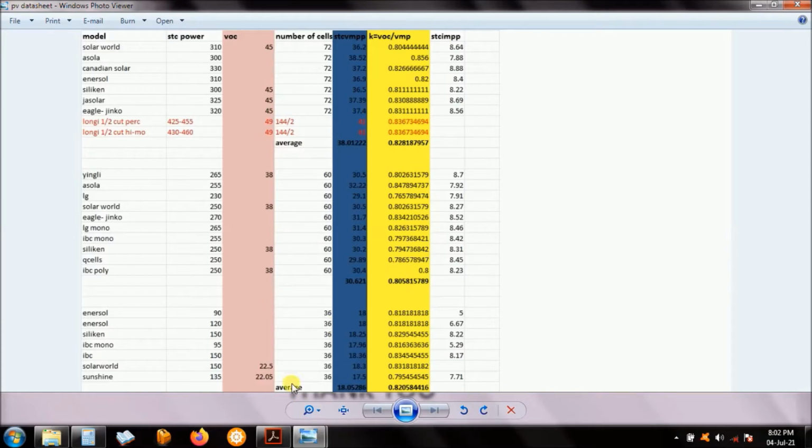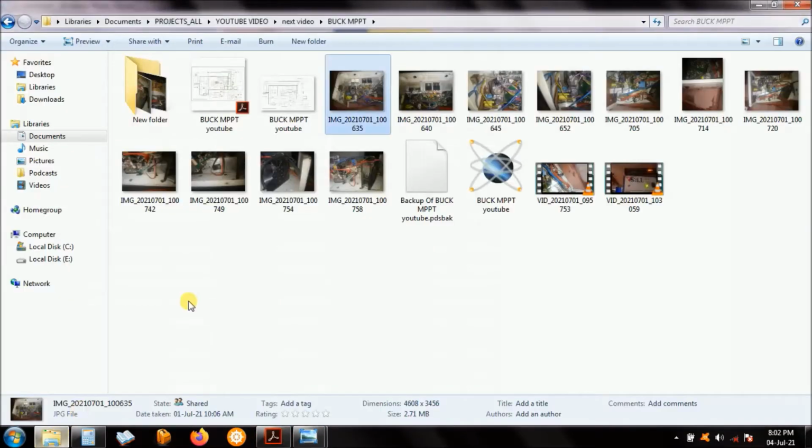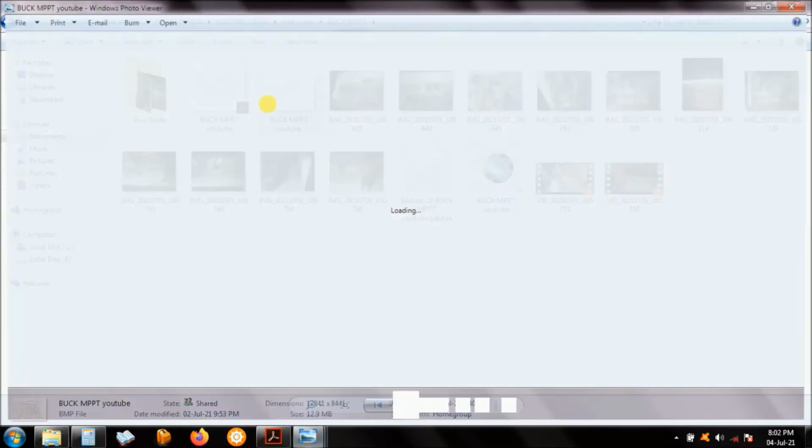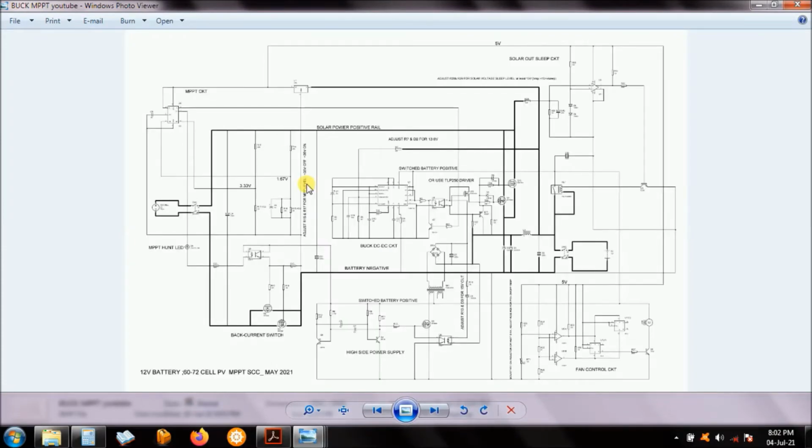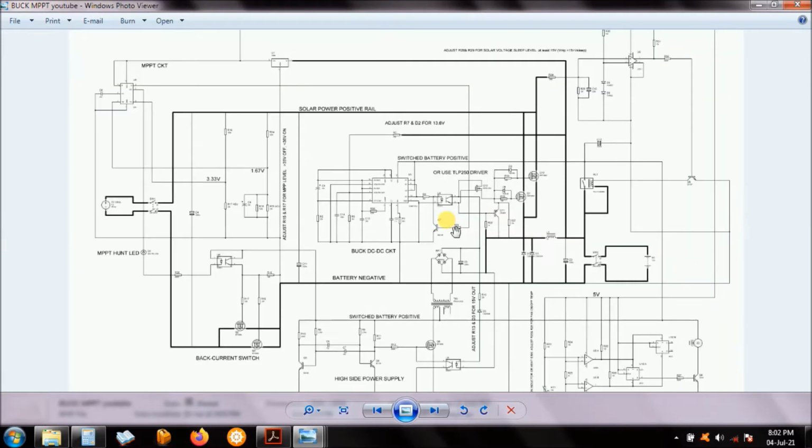I will give you the circuit diagrams of the charge controller. I mean this diagram here. I'll share with you. There is no program that I need to share with you because there is no programming that I have done. You can make improvements here like I was suggesting. Let me zoom and talk about it here.